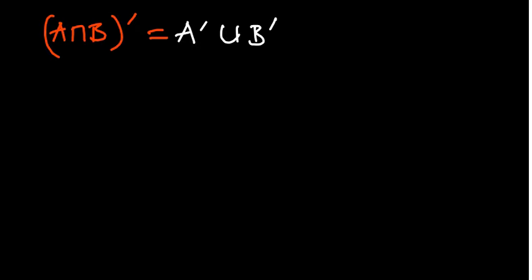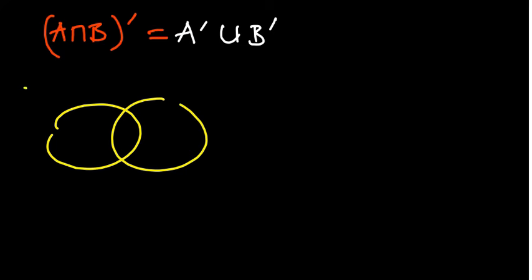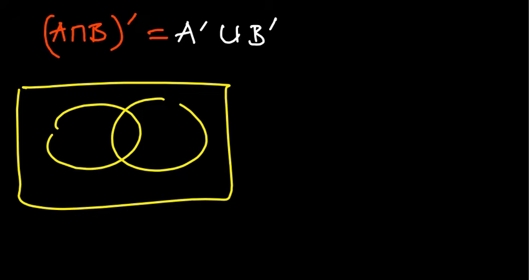So what does A intersection B mean? If you have two sets using a Venn diagram, and this is your A, that is your B, the intersection of A and B is the region in between there. That's an intersection. So our label is A intersection B.